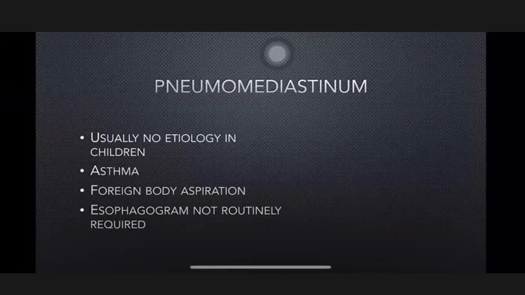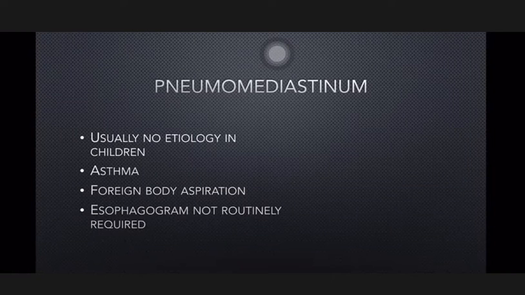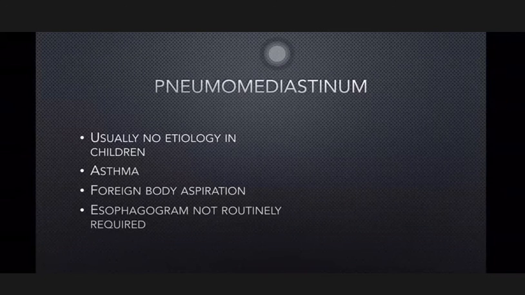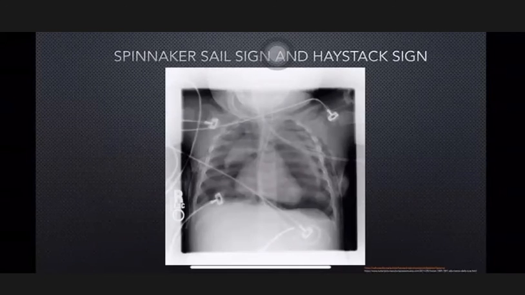The next is pneumomediastinum. Pneumomediastinum in children usually has no identifiable etiologies, or if an etiology is identified, asthma and foreign bodies are important causes, and esophagogram is not routinely required in children. So these are the signs of pneumomediastinum, particularly in the pediatric age group.